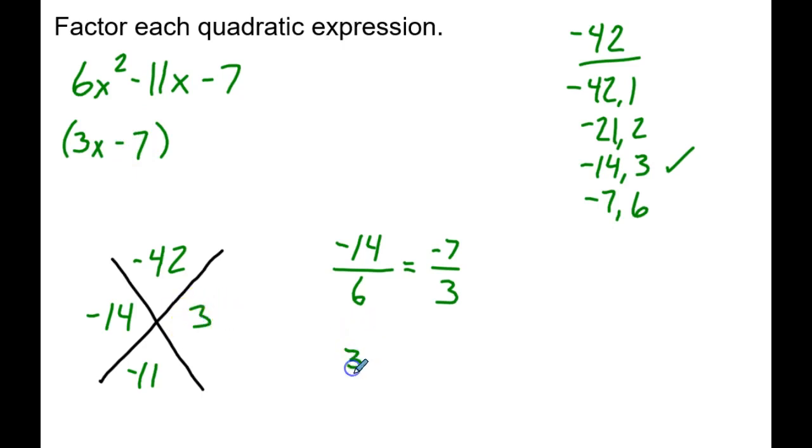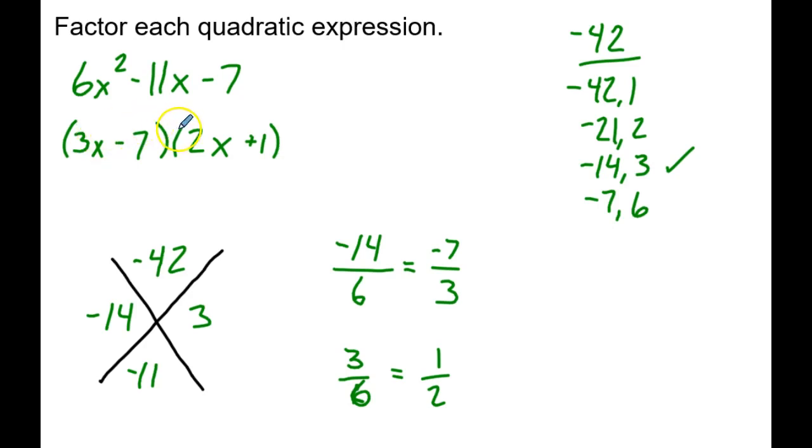We're taking 3 divided by 6, which would simplify to 1/2. Again, the bottom number is going to be the coefficient in front of x, so we have a 2x, and then plus 1. So this is the factored form for 6x squared minus 11x minus 7.